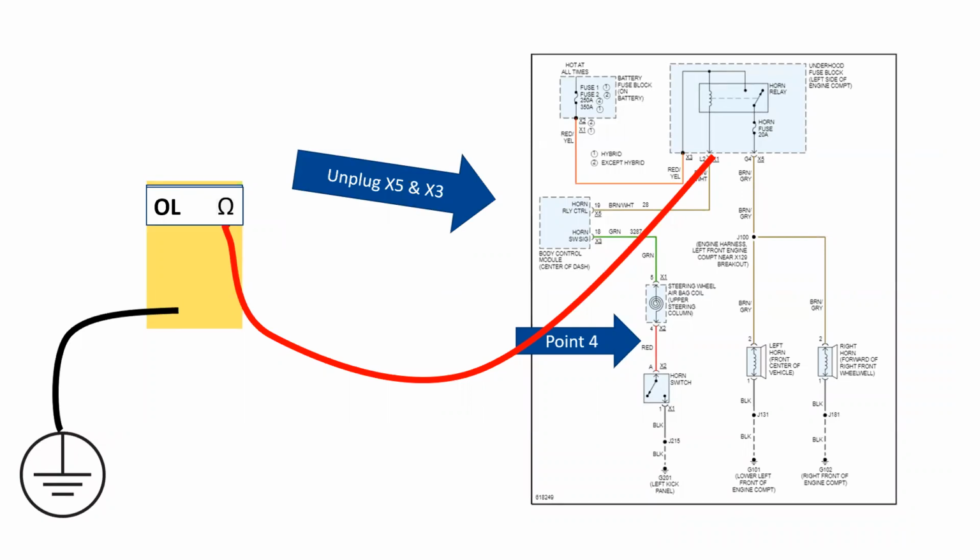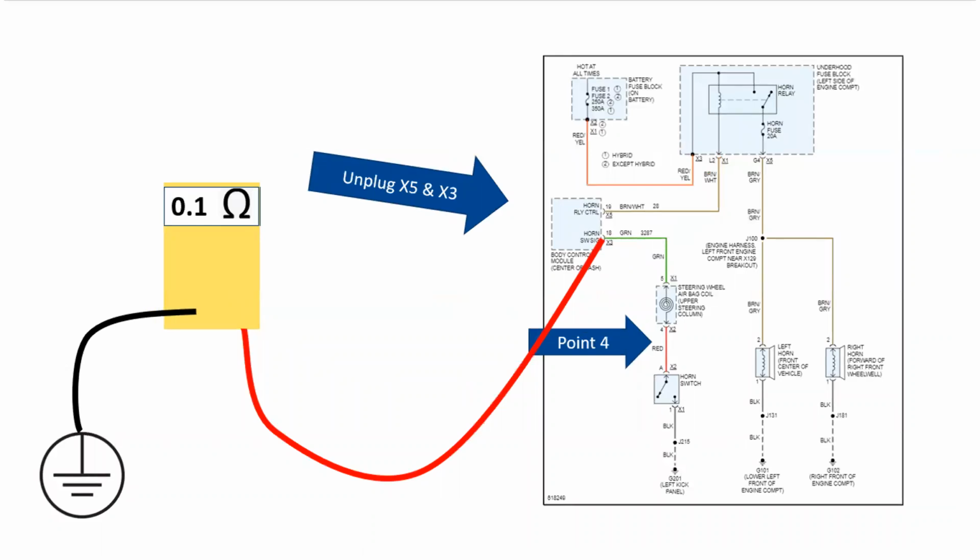So I unplugged the connector, both X5 and X3, and at that particular point, what did I have? I knew when I unplugged it, because the ground switch was all the way down at 4 with X3 unplugged, that it read out of limits. So I had effectively eliminated a short in the brown and white wire.